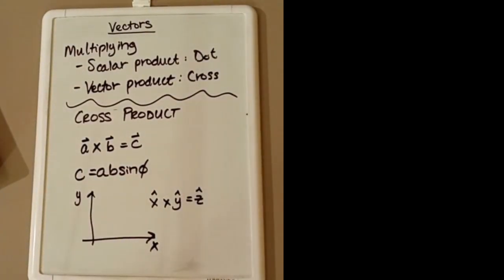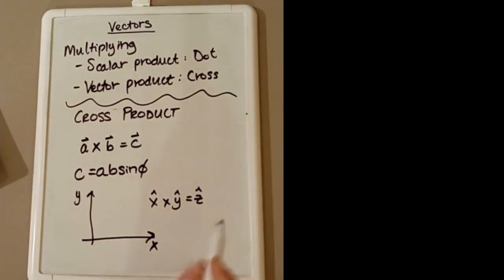Whenever you're doing a standard Cartesian system where you've got y pointing up and x to the right, z will always be out of the page. Now if you were to do it the other way, remember how we said that a dot b is equal to b dot a?